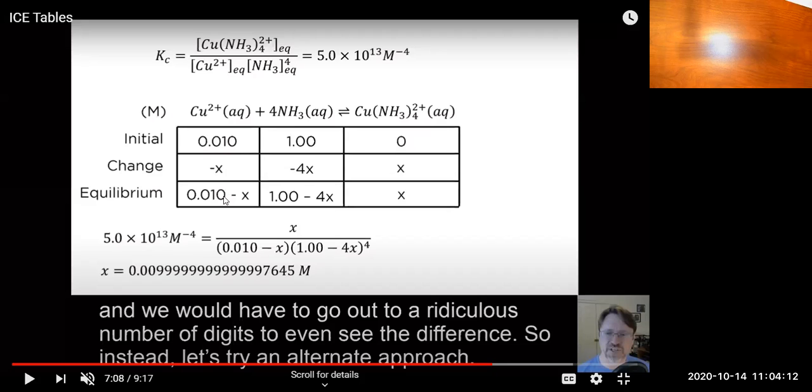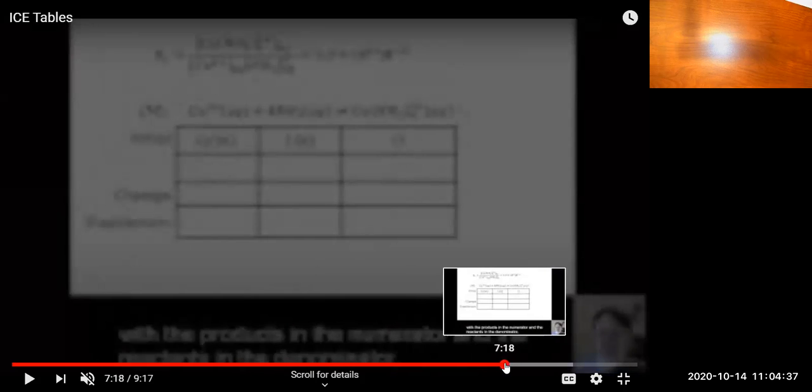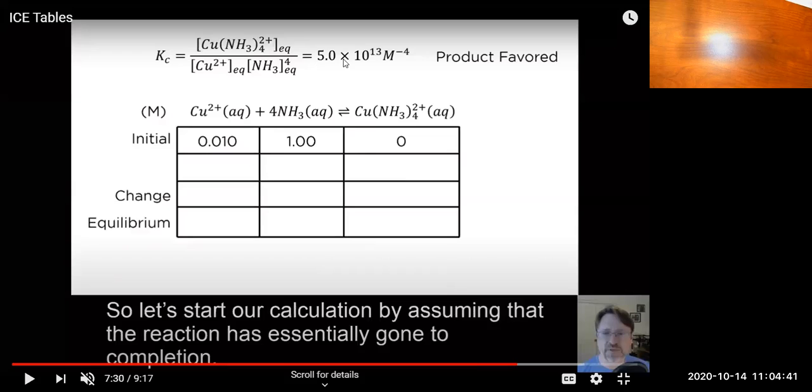And now if you want to know how much copper 2+ there will actually be, do you trust these digits way down here at this point? I don't know. Probably not, because we don't have that many significant figures in what we're dealing with. So we need an alternate approach if we actually want to get an answer to how much copper 2+ there's going to be.